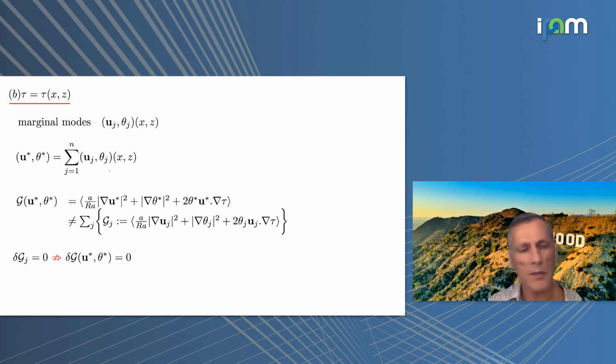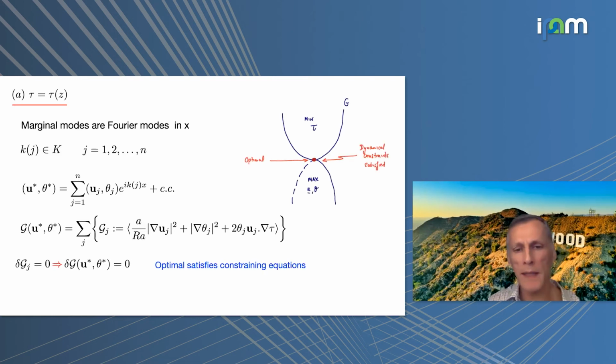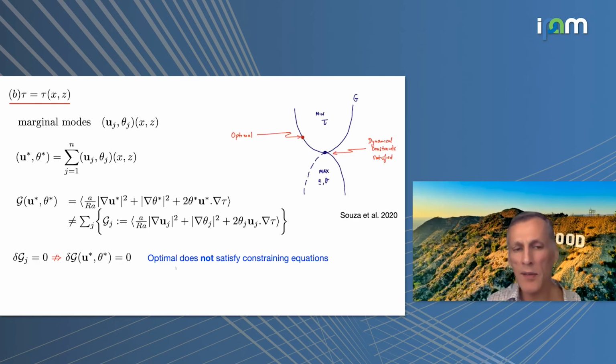Now that sounds a little bit esoteric, but what it means is that the optimal, as defined here, does not satisfy the constraining equations. So in other words, the conditions that I'll essentially have to satisfy using this spectral constraint will move the optimal away from the saddle point position here.